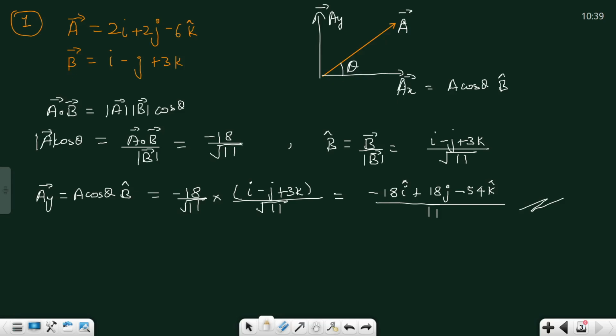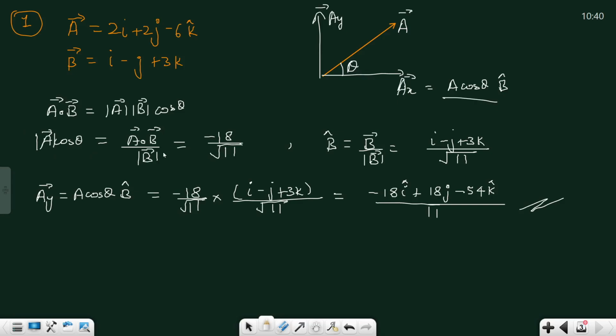Beta, this is the A vector. It will have two components, one along AY and one along AX. We are taking axis X to be in the direction of B. So we just need to find this AX vector. A dot B is equal to this term. So first you need to calculate A cos theta.